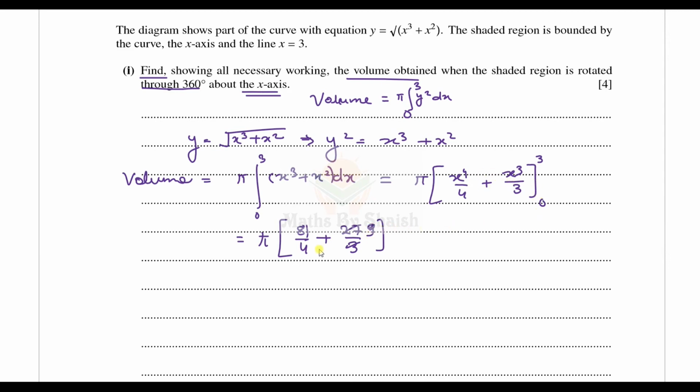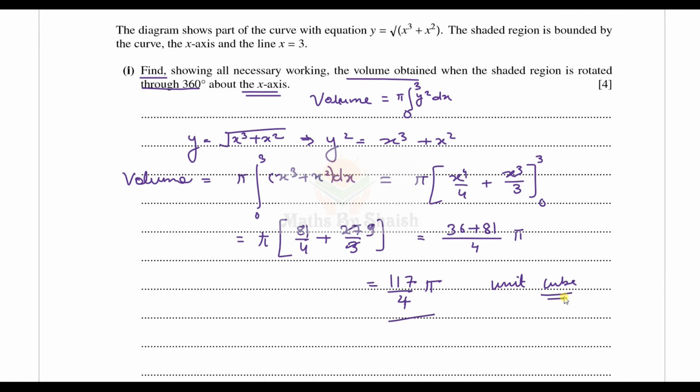So 81 over 4 plus 9, which is 36 over 4, gives 117 over 4 pi. That is the value of the volume. We don't know the units, so we'll write only unit cubed.